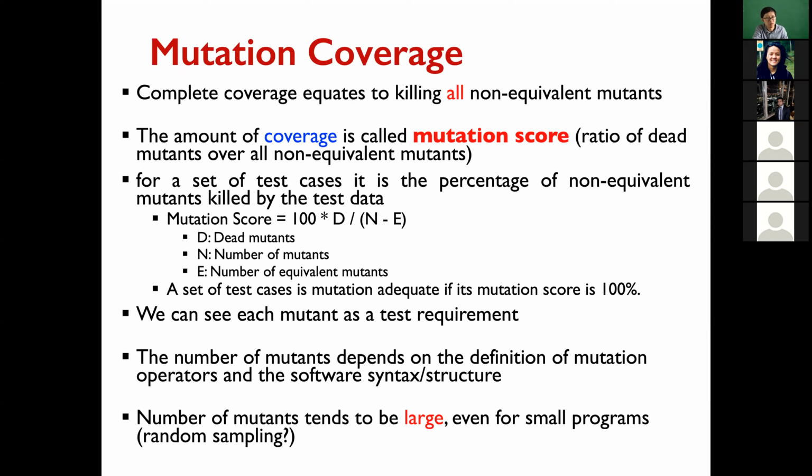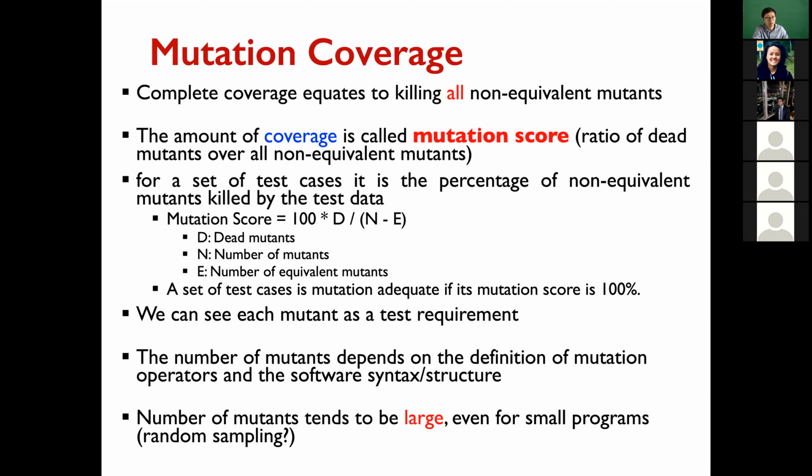So mutation coverage or mutation score is a ratio of dead mutants over all non-equivalent mutants, right? Ideally, we should kill all the non-equivalent mutants, but in fact, we may just kill a part of them, right? So the ratio of dead mutants over all non-equivalent mutants is called a mutation score. The higher the mutation score, the better the test cases, right?